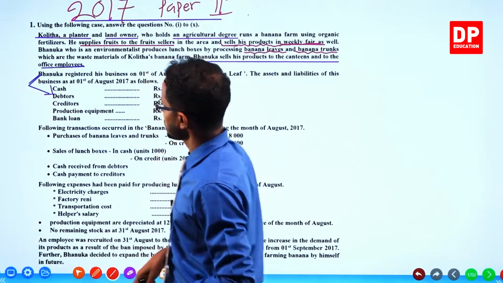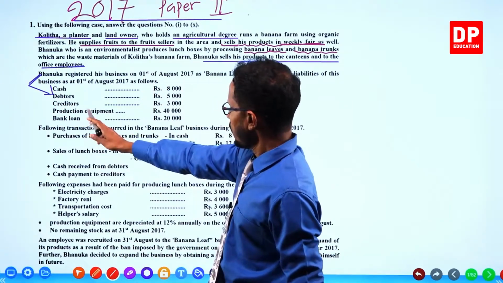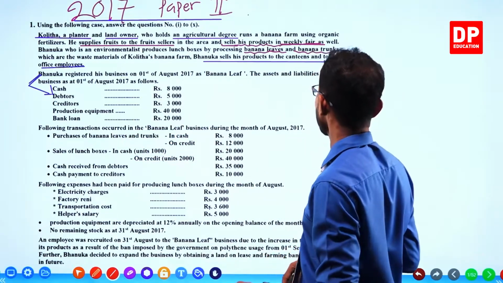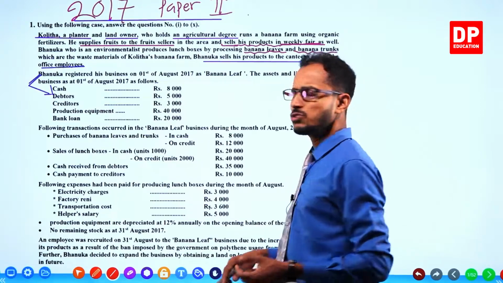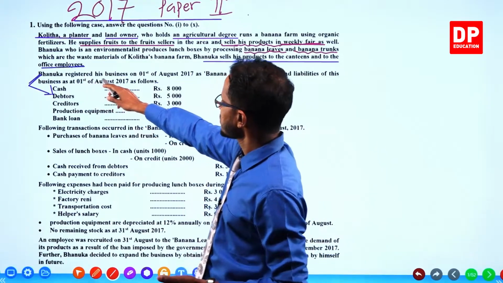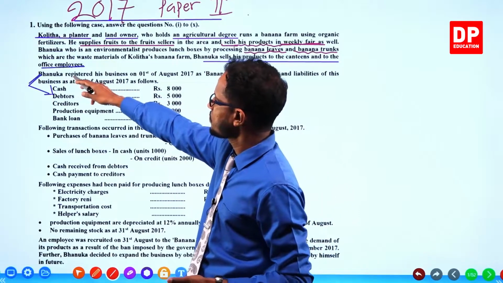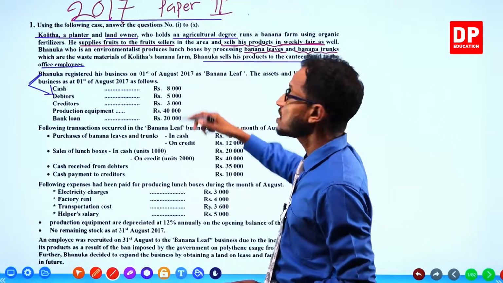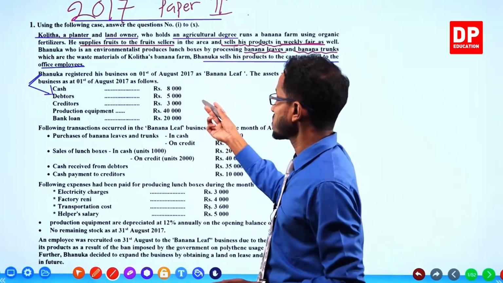Following transactions occurred in Banana Leaf business during the month of August. Banana Leaf business belongs to whom? Kolita or Bhanuka? Bhanuka is the one who registered the business as Banana Leaf. So this is Bhanuka's business.